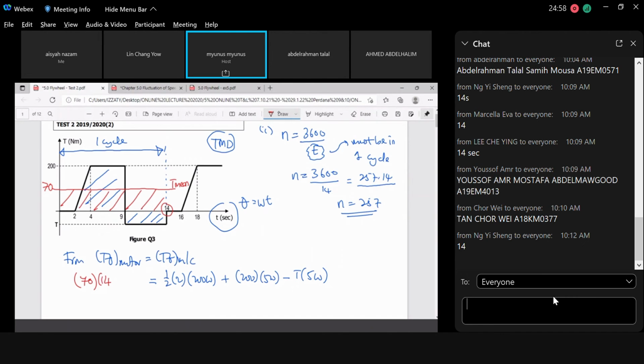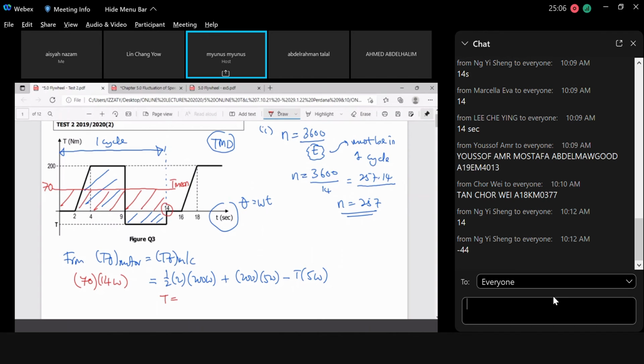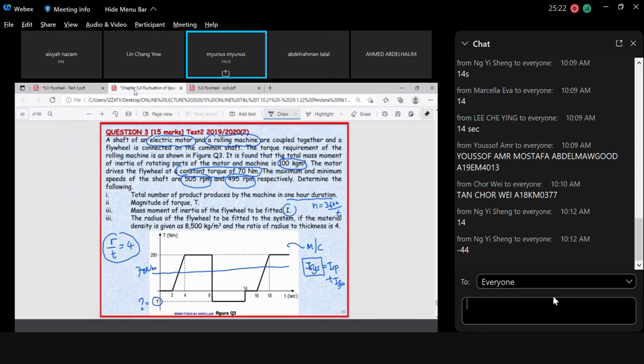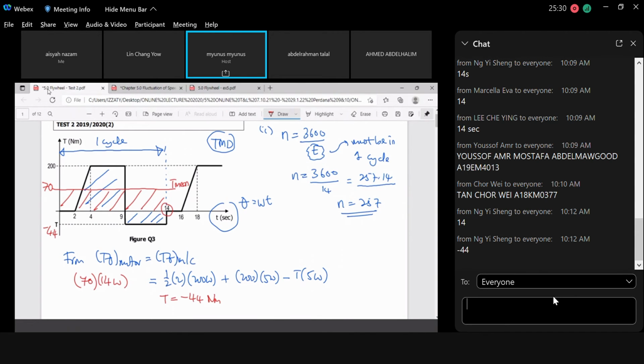So you end up with this divided by t. Could anyone give me what your t is? What is the value for t here? A very good, 44. Yes, it is negative 44 newton meter. So you have here negative 44. Done. Now you have answered the second part, which defines t as negative 44. It doesn't matter that it is negative, because this negative is not about integers. We are talking about the system having the negative work done.